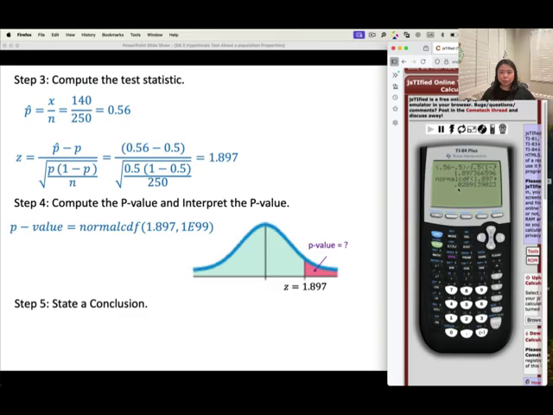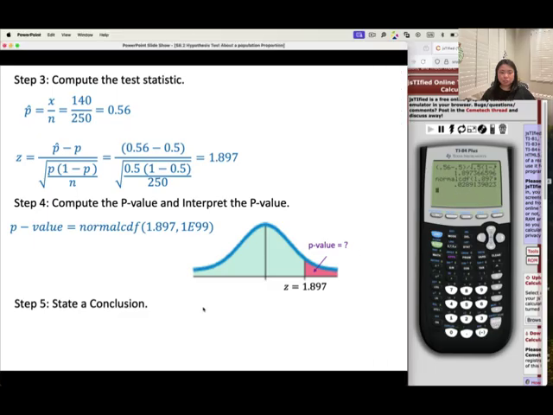So you're going to get 0.0289. That will be our p-value. And then we use the p-value to compare with your significance level. So 0.0289 is strictly greater than 0.01. When it's greater than, that will be fail to reject.